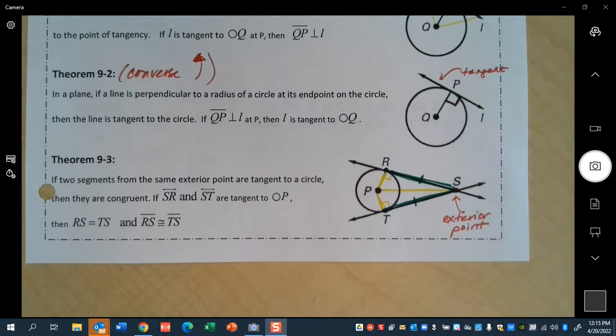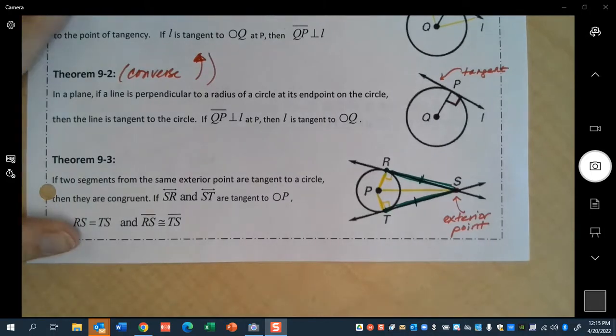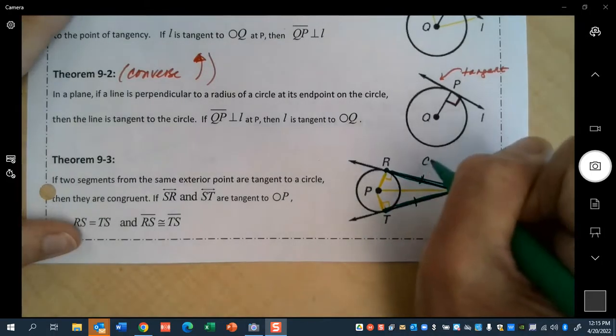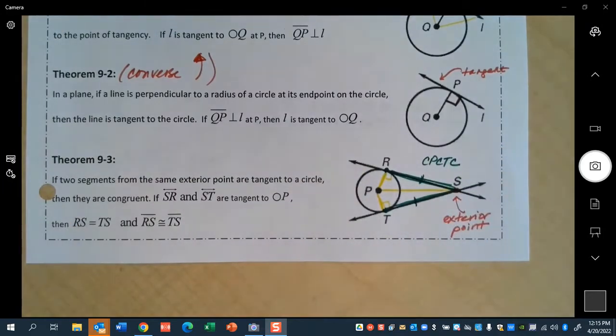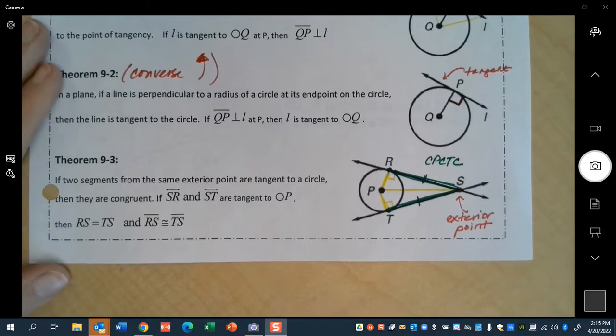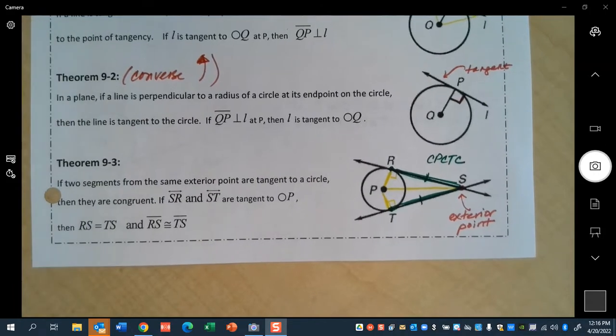Legs are congruent, radii, right triangles because of this guy, which means that by CPCTC, those two external tangent lines are always going to be congruent. All right, go to lunch and think of tangents.